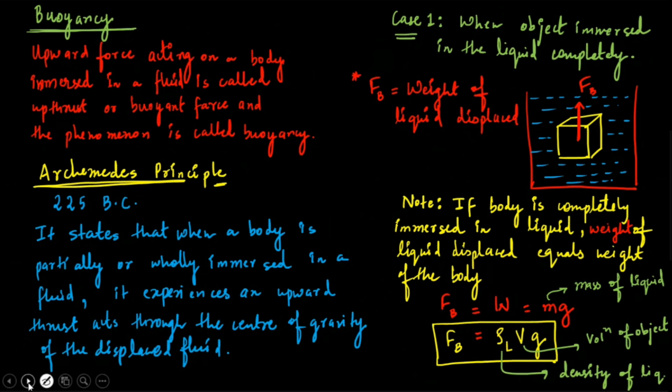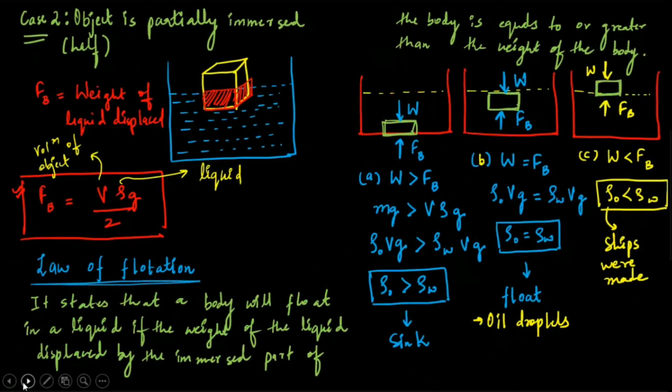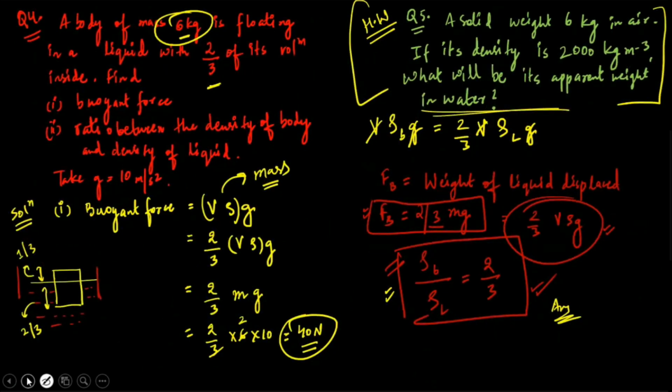We came across a relation which is V rho g, where V is the volume of liquid displaced, rho is the density of liquid, and g is the acceleration due to gravity. Based upon how much an object is immersed inside a liquid, we apply that relation. Last but not the least, we talked about the law of flotation, which helps us understand in which case an object is going to sink and in which case it is going to float in water or liquid.